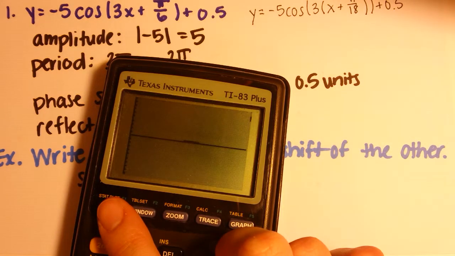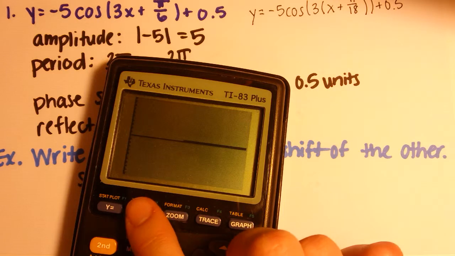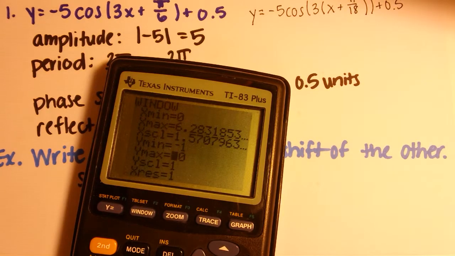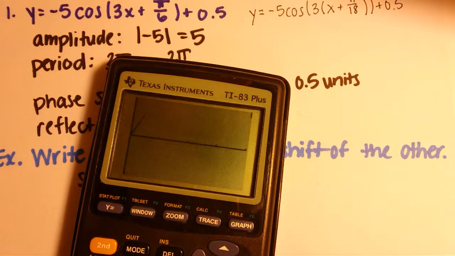And change the window a little bit, 0 to 2 pi. So this will get our full wave. And we can scale by, let's say, pi over 2. Y minimum, -1, y max, 1. Okay, so here's the graph of our sine function.